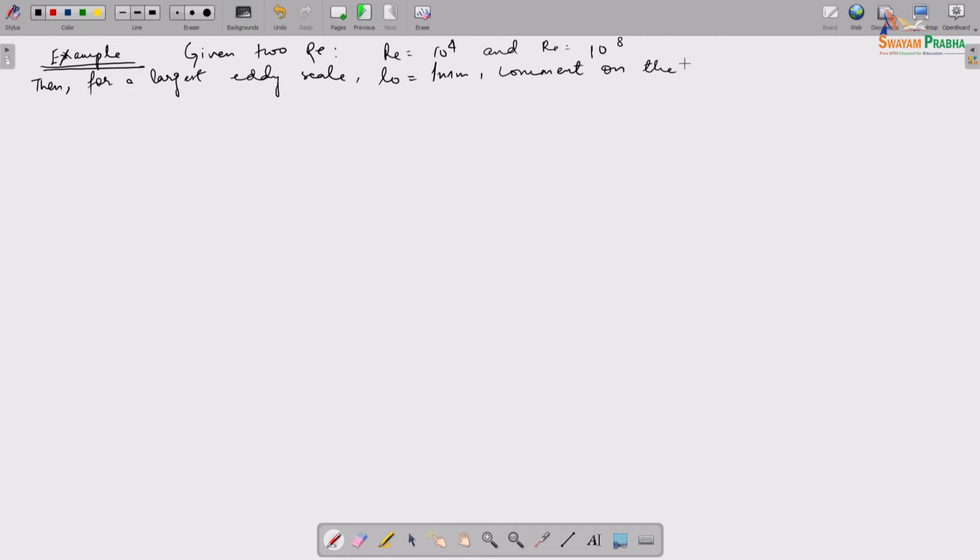Comment on the smallest scales and effectiveness of dissipation.